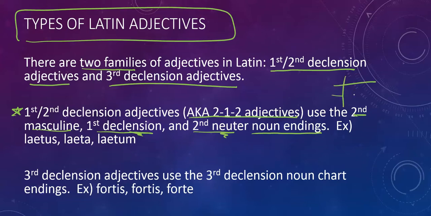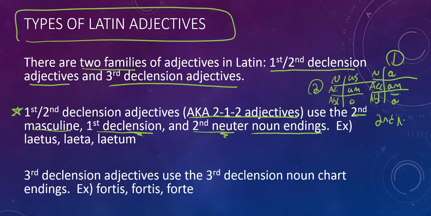So those charts that you guys are already supposed to know, those are just the same exact charts that these guys are using. We're not adding anything new. Okay, so second masculine, first feminine, and then second neuter. It's nice that the adjectives can use the same charts.